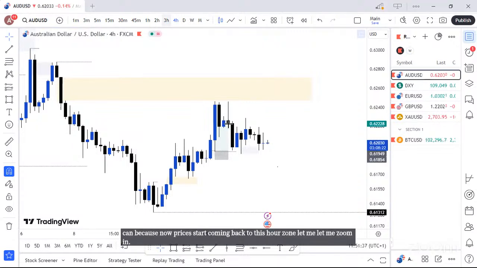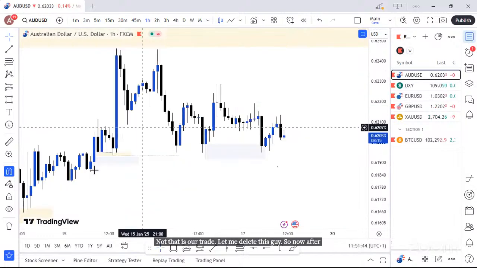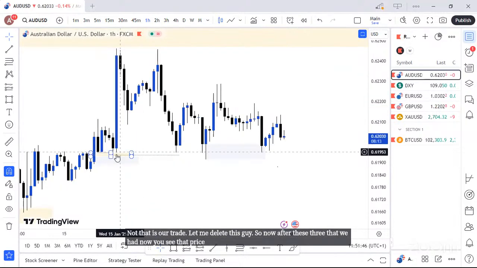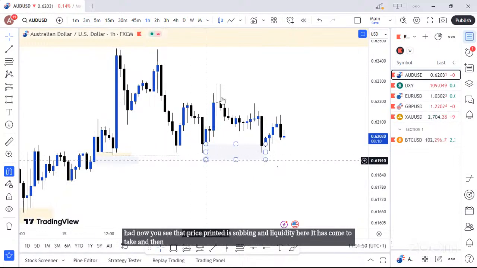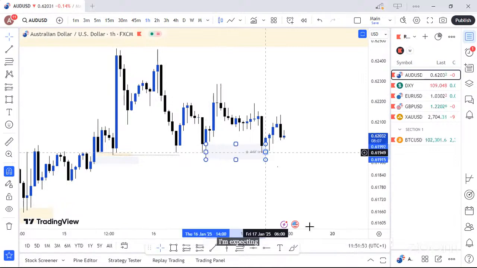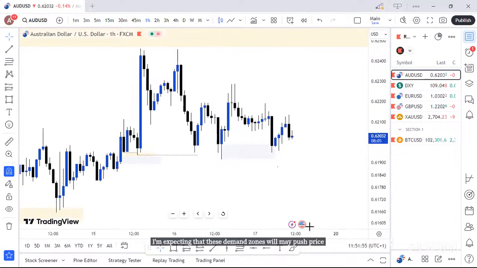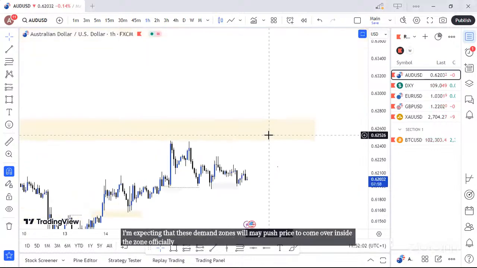After this trade that we had, you see that price printed this liquidity here. It has come to take it and then pushed to the upside. I'm not in this demand zone trade, but I'm expecting these demand zones may push price to come inside this zone officially. Then I can look to sell from there next week.